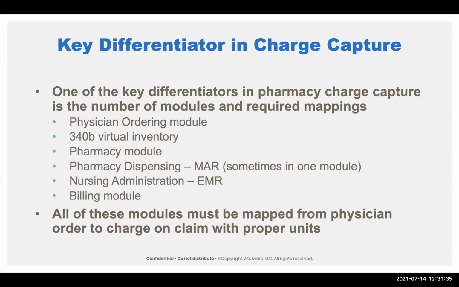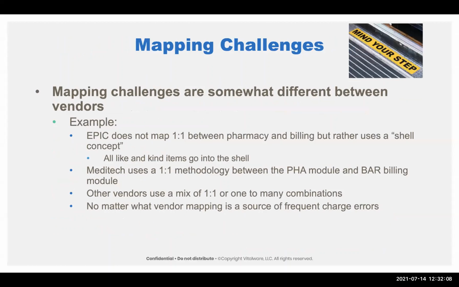The problem with that is IT doesn't necessarily know anything other than how the system maps, but may not know that they've mapped an aspirin to a Zofran or something like that, and that has the proper units because there's this mathematical calculation. So you're going to want to look and see all these things, and I always diagram them out. With a new drug that comes into the pharmacy and there's going to be a CDM, I map it out. I actually make a Visio of that drug and how it's going to go.